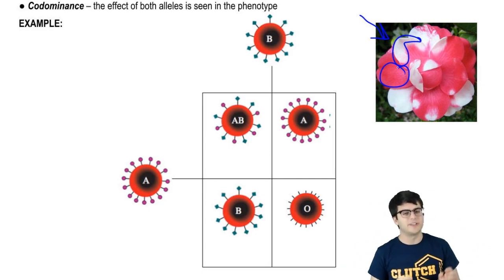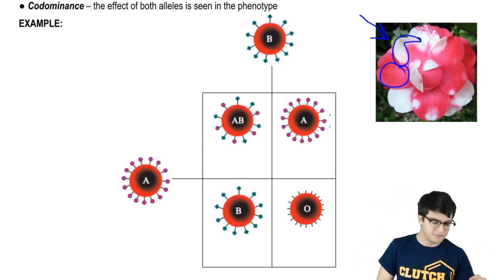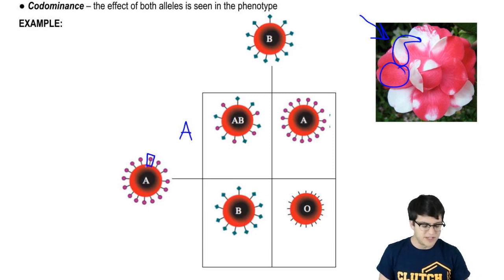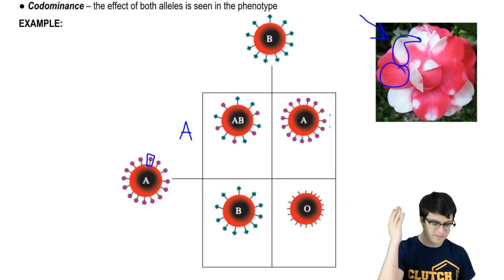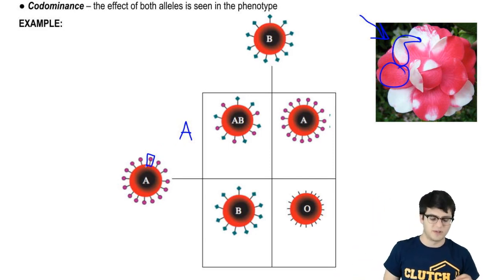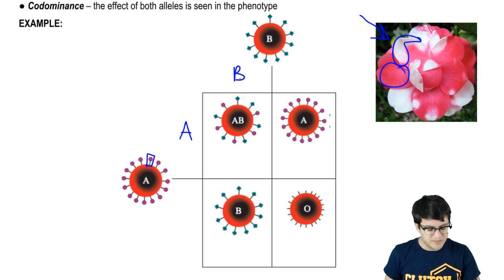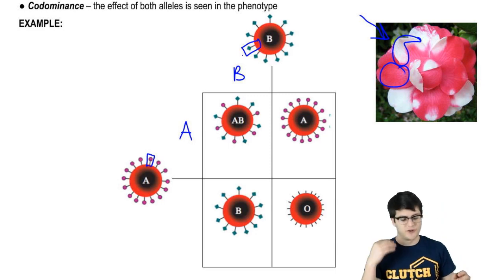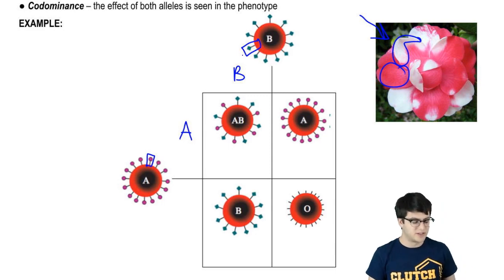So, this is actually how blood type inheritance works. Now, there are three alleles we're going to look at with blood type. There is the allele for type A blood, which codes for a particular carbohydrate that comes off the surface of those red blood cells, and that is type A. Then there is type B blood, and an allele for type B blood, and individuals with type B blood have a different type of carbohydrate projecting from the surface of their red blood cells.